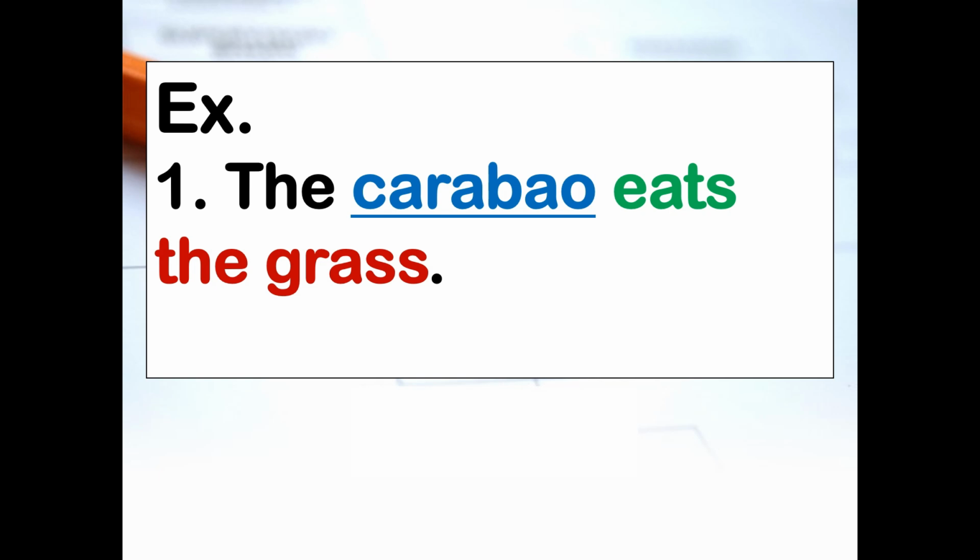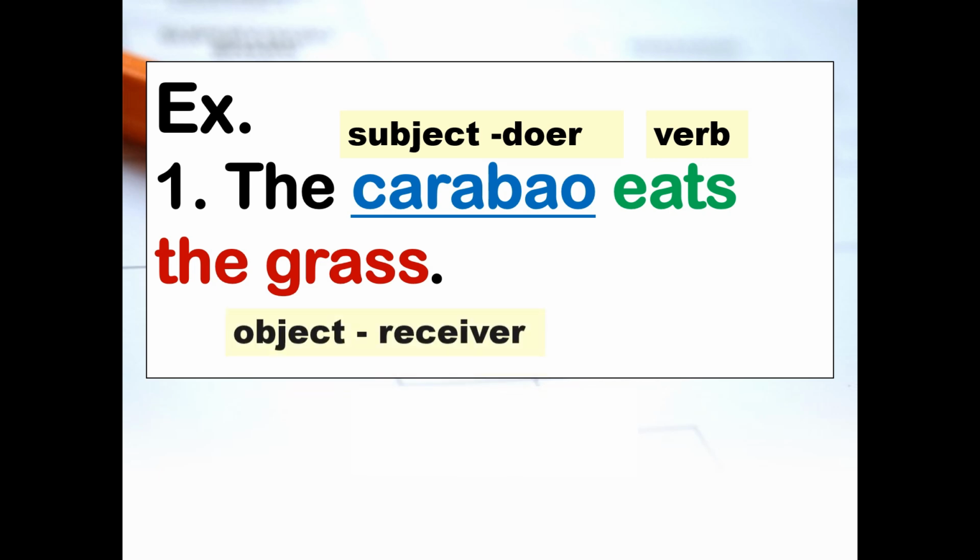Obviously, the action eating is done by the subject, carabao. And carabao here is the doer. Doer means siya yung gumagawa ng kilos in the sentence. Our verb here is eats, and the grass here is the object or the receiver of the sentence. Since the action is being done by the subject, then this is obviously active voice.